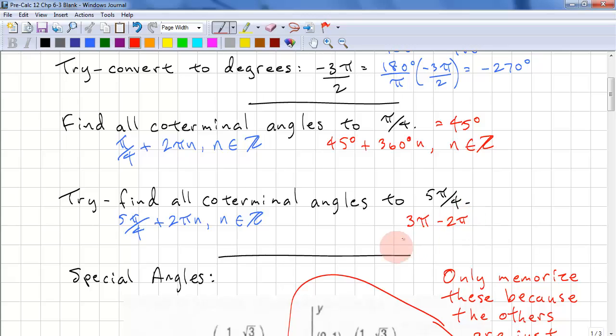So subtract 2 pi, and we would have pi plus 2 pi n, n an element of Z. Okay, so that is finding all coterminal angles of 3 pi. Put it into the principal angle, and then do the general form.